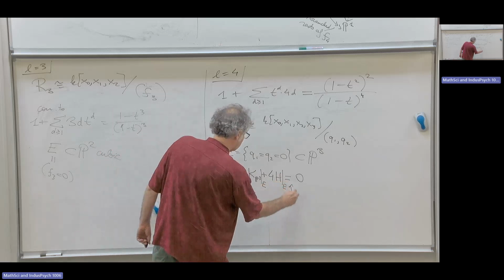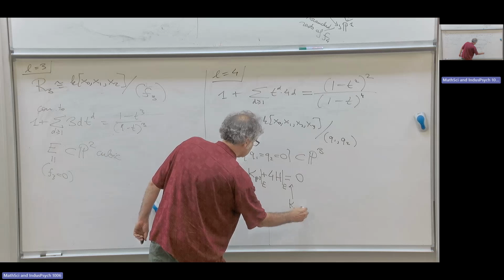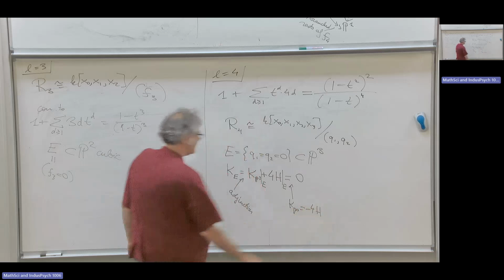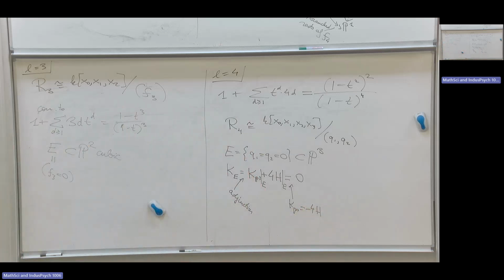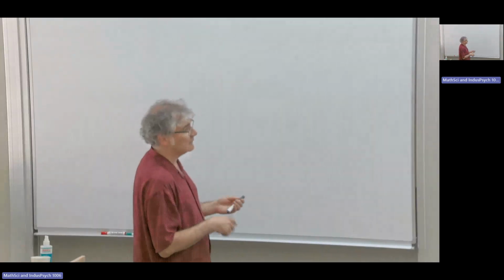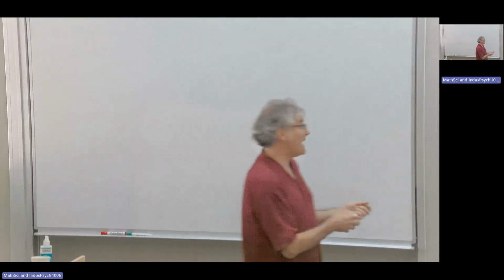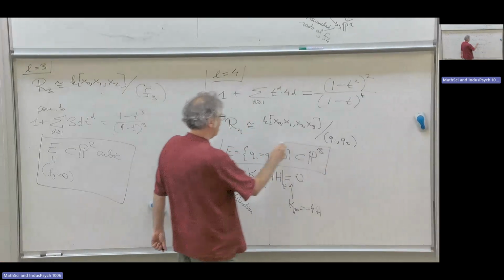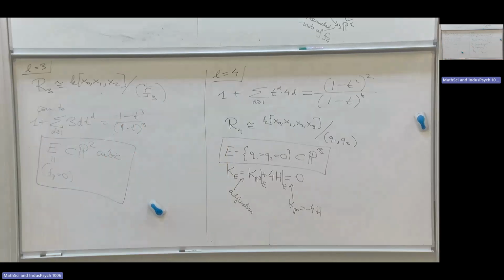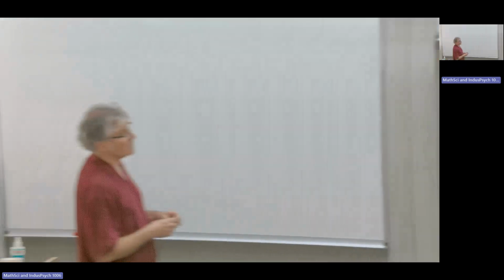And this is 0 because the canonical class of P3 is minus 4 times the hyperplane section. So this is a trivial canonical class. Trivial canonical class for a curve means that it's an elliptic curve. So these are the so-called standard models of elliptic curves: plane cubic or the intersection of two quadrics in P3.